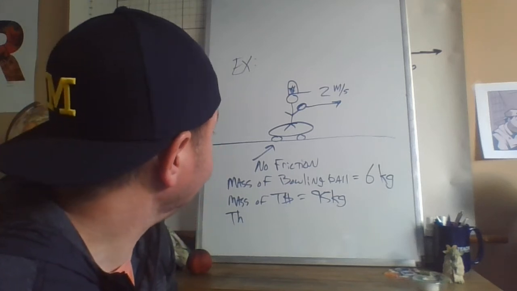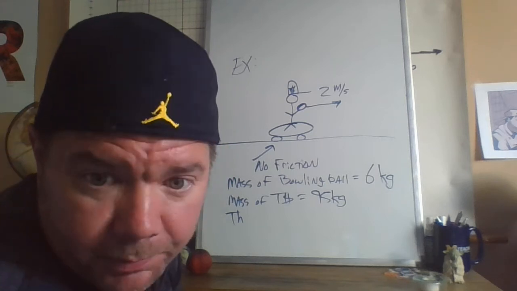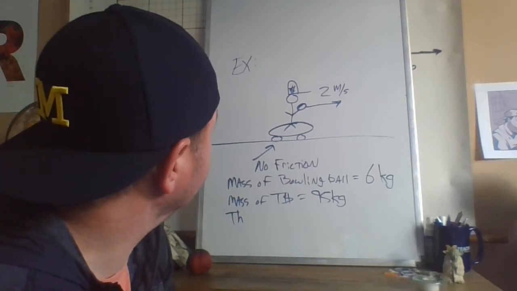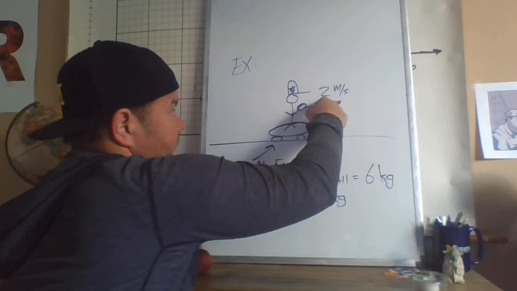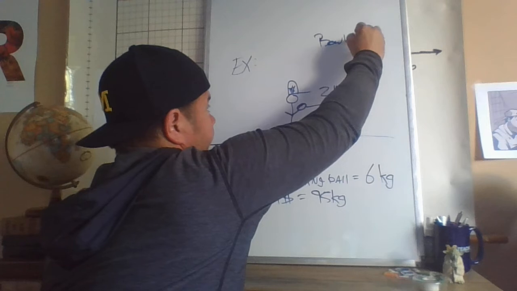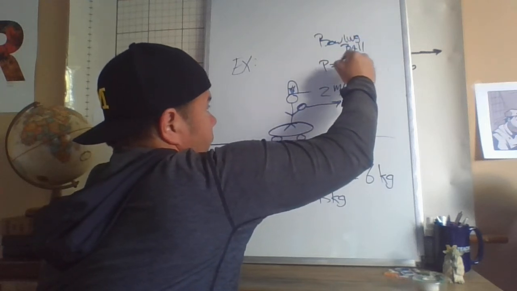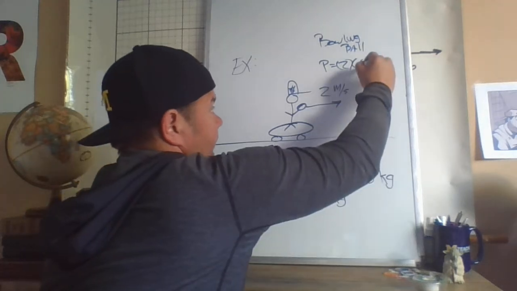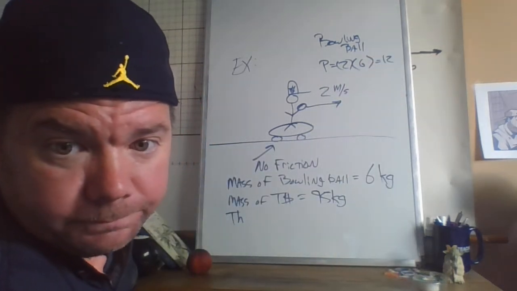So what happens? If I throw this bowling ball in that direction with a velocity of 2 meters per second, the momentum of the bowling ball equals 2 times 6, which is 12 kilogram meters per second.